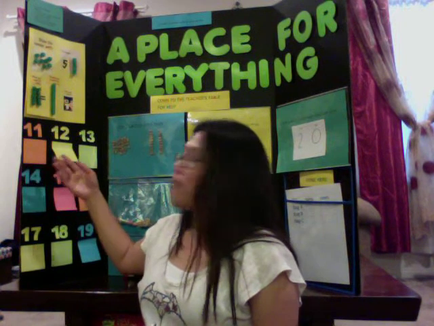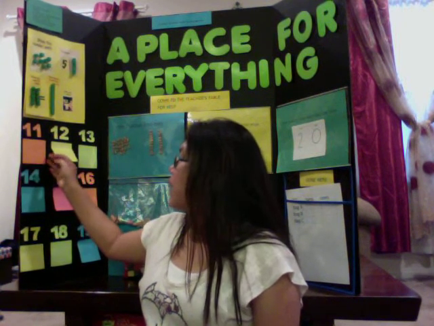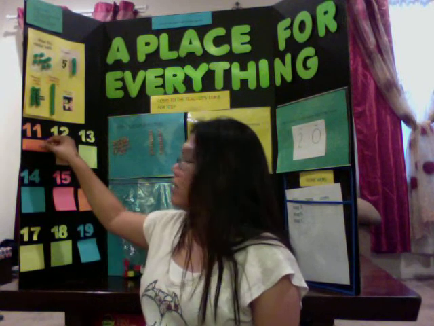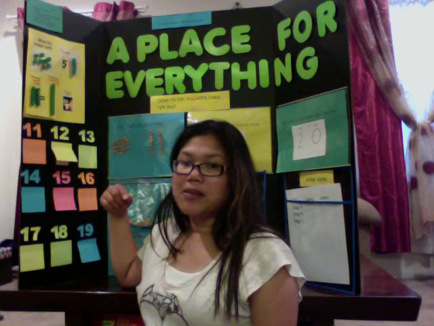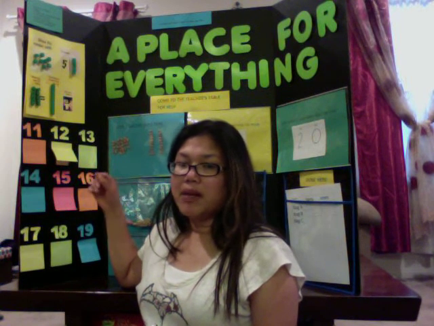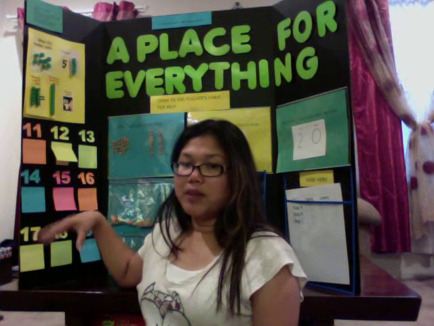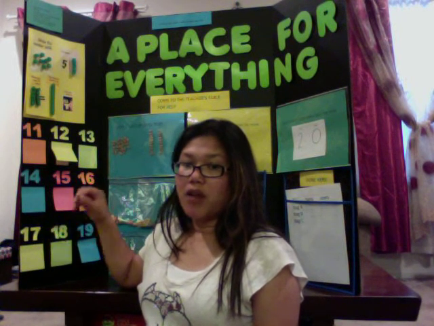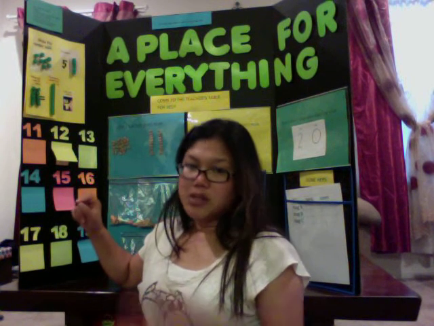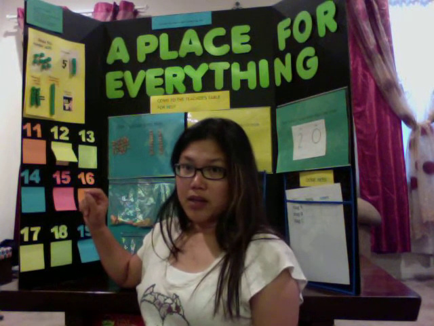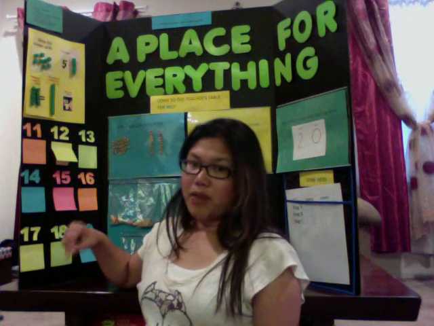Right after they make it, they're going to lift the flap right underneath the number and check if they got the right number. Now, for me to be able to assess the quality of their work, I'm going to have them take a picture of the manipulatives that they've arranged on their place value mat, along with the name written on that paper.